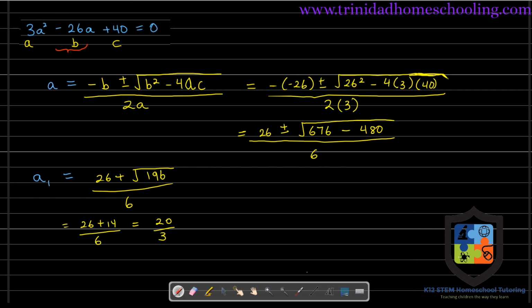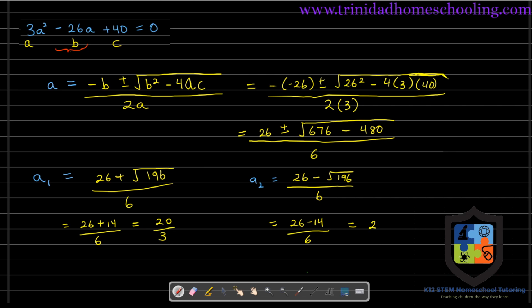Your second value for a would be 26 minus the root of 196, which we worked out on this part here, which is 14. So it'll be 26 minus 14 divided by 6, and this should give me 2.